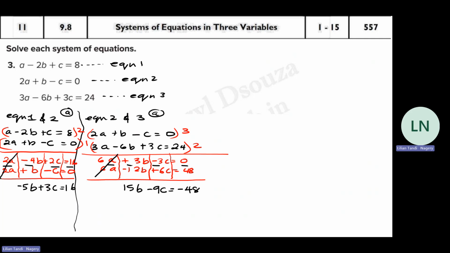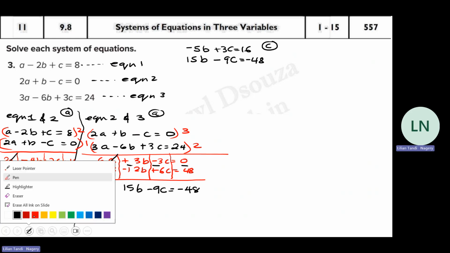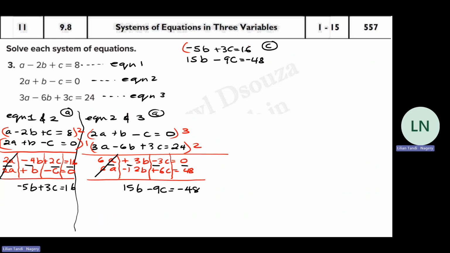I will eliminate C. So I have here negative 5B plus 3C equals 16, and I'll have 15B minus 9C equals negative 48. Since I want to eliminate C, this will be negative 9 and this will be positive 3.